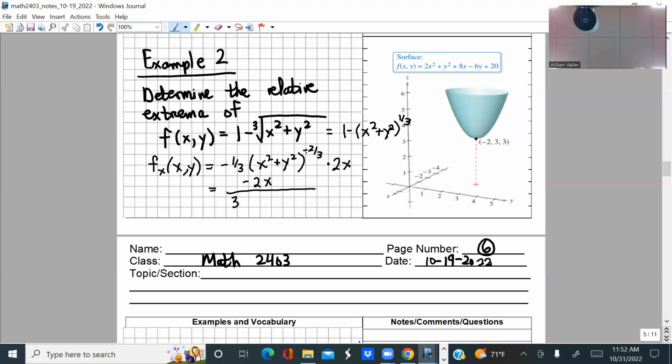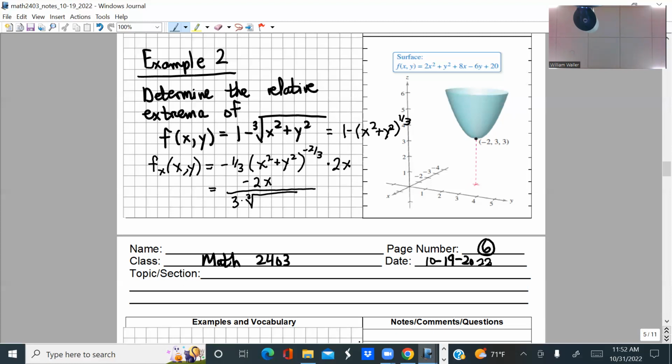This is why I wrote the fraction, because x squared plus y squared to the -2/3, you invert that to get rid of the negative exponent. So it would be 1 over x squared plus y squared to the 2/3 power. But let's write that 2/3 power now back as a radical. So 2/3 power means cube root, correct? The 3 tells us we're going to have a cube root.